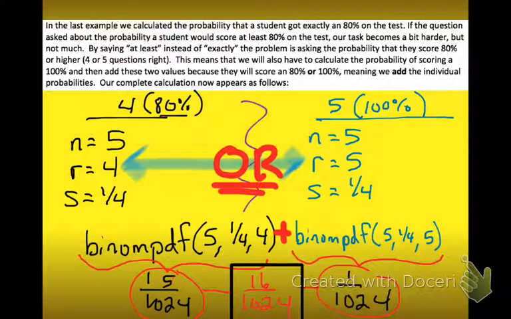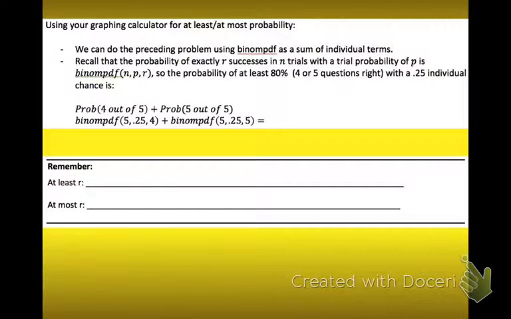So once again, just to reiterate, using your graphing calculator, you can do the exact same thing that we did yesterday. You can take the binomial PDF for the first one and for the second one, and then you add them together. Okay?